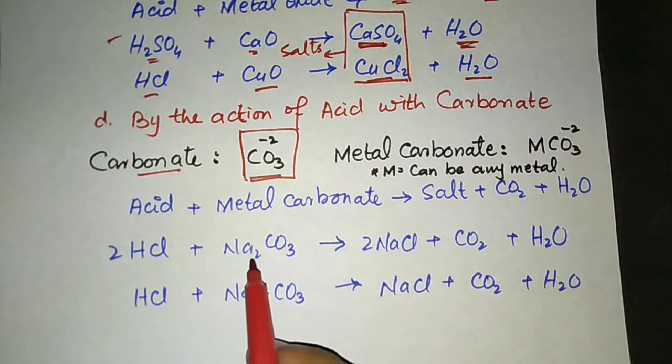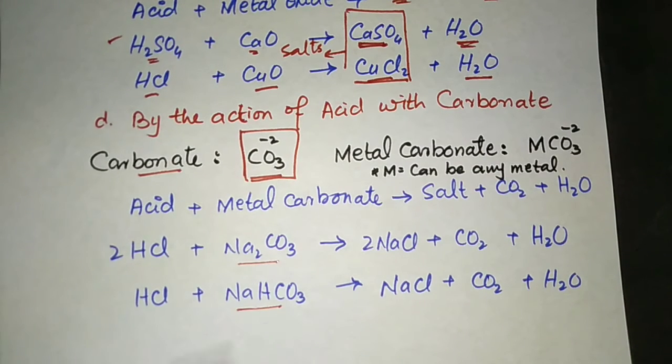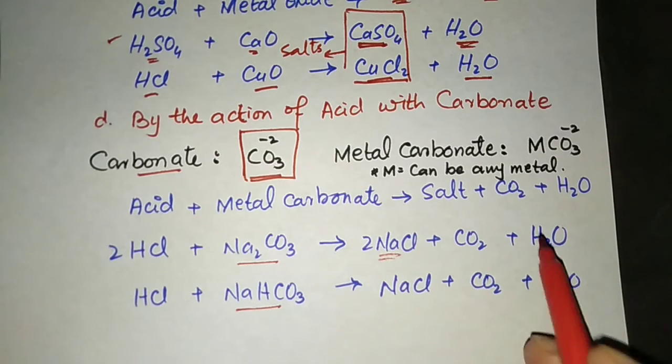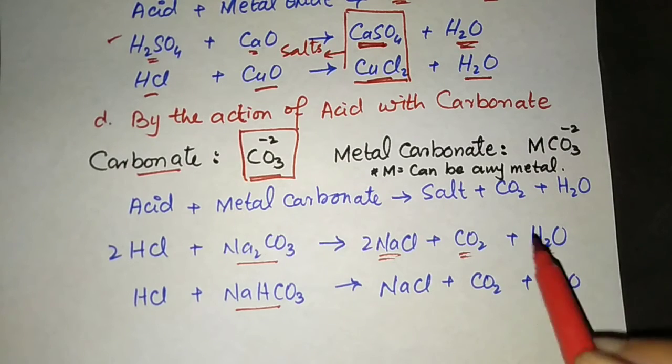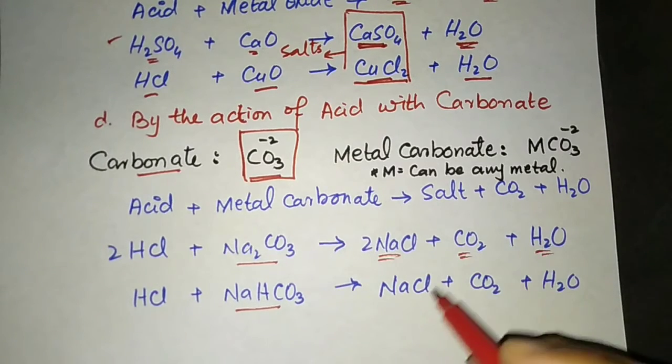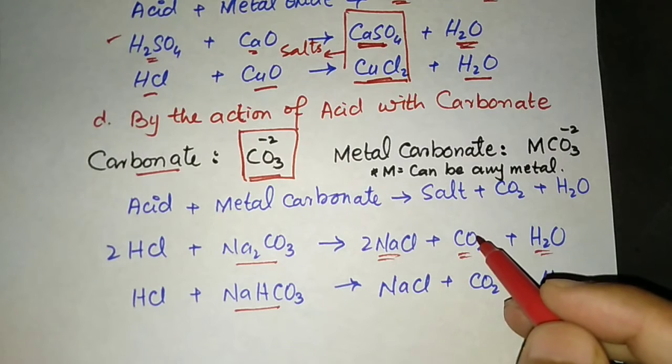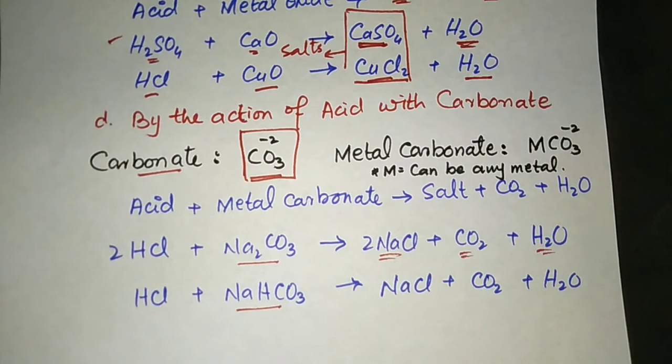For example, sodium carbonate, sodium hydrogen carbonate, magnesium carbonate, calcium carbonate, etc. are the common examples. In this process, acid HCl is made to react with sodium carbonate, producing sodium chloride, carbon dioxide and water molecule. These are the three products that are produced. Sodium chloride is salt, along with carbon dioxide and water.